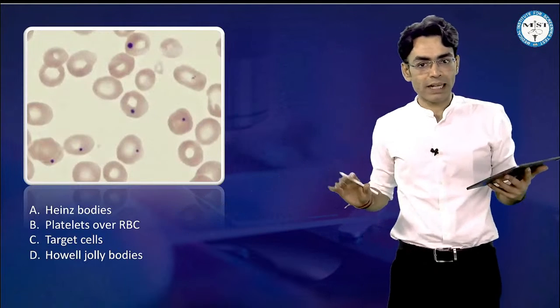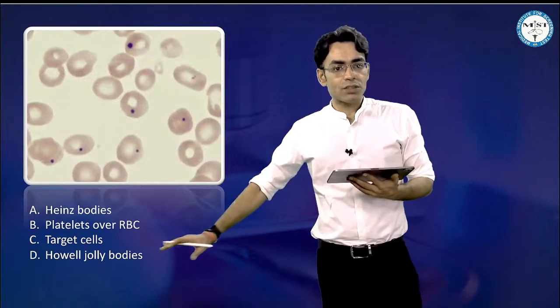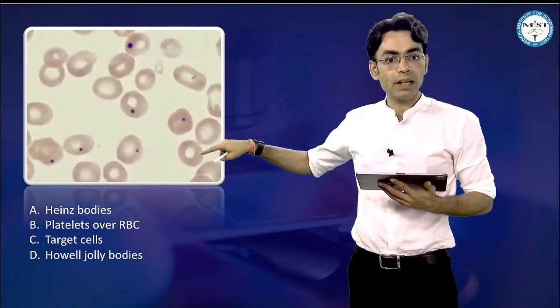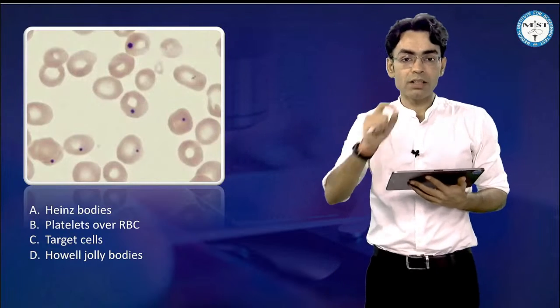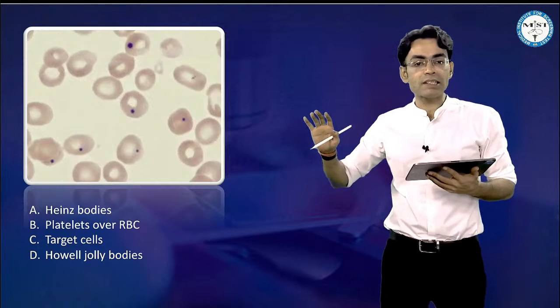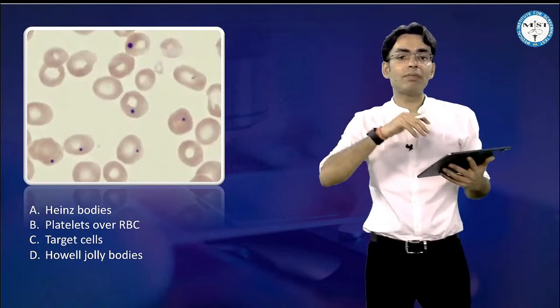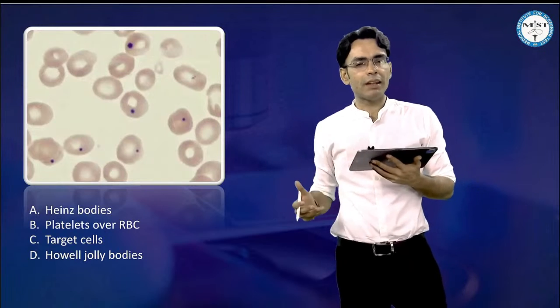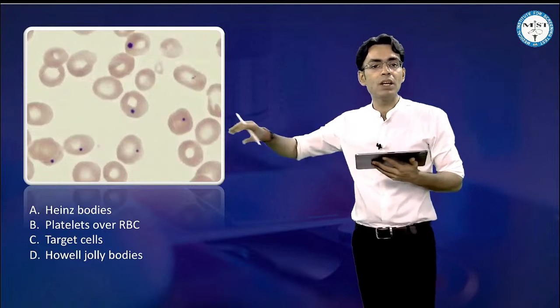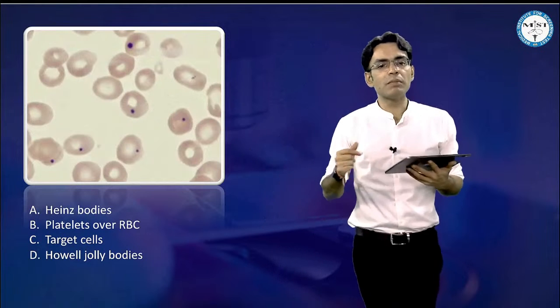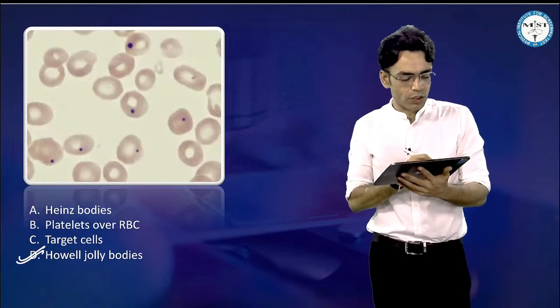No. Target cells have a central pallor, so it cannot be a target cell. They're Howell-Jolly bodies. In a Howell-Jolly body, you have a remnant of DNA inside the RBC, denatured chromatin material accumulated like this. So this is your Howell-Jolly body.